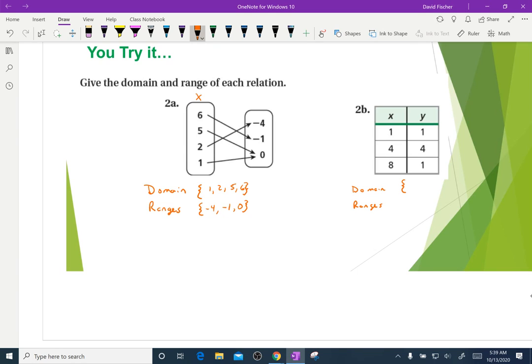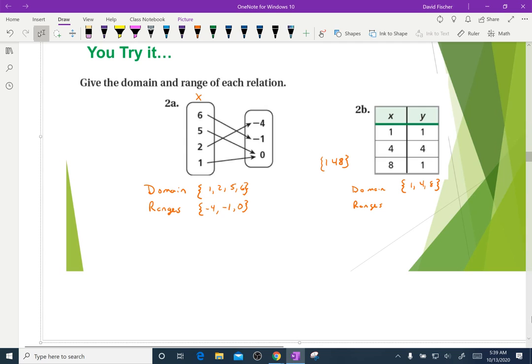Bracket, my smallest one is a 1, comma, 4, comma, 8. Make sure you put commas in between them, because if you just said 148 bracket, it looks like 148. Okay, it's not.